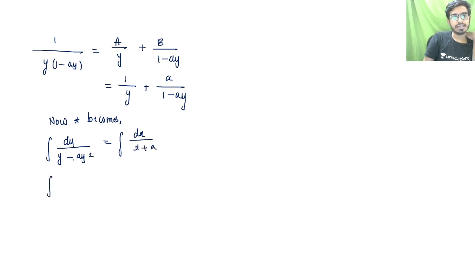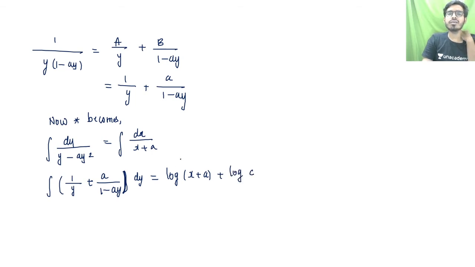This I can write as 1 by y minus ay square is 1 by y plus a divided by 1 minus ay into dy is equal to log of x plus a, right? I will add some integration constant log c. Whenever you have log, you just add integration constant to be equal to log c, right?